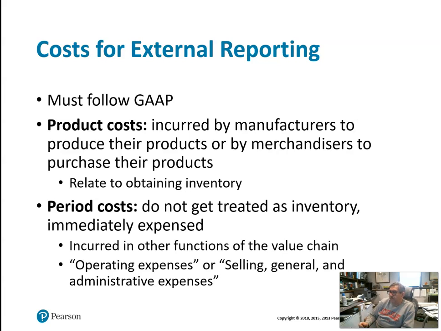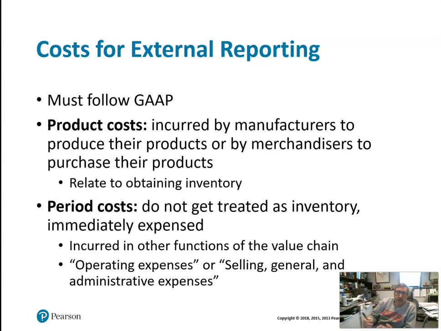So any costs that related to a product, whether they were direct or indirect, didn't matter. All product costs were looked at as costs that were included in inventory initially and then moved to expense or cost of goods sold when the products that we created were actually sold.